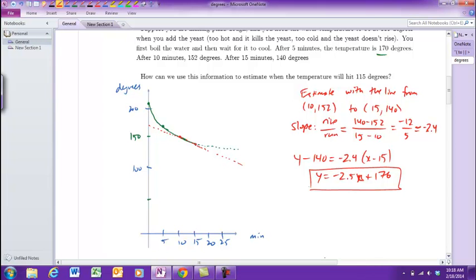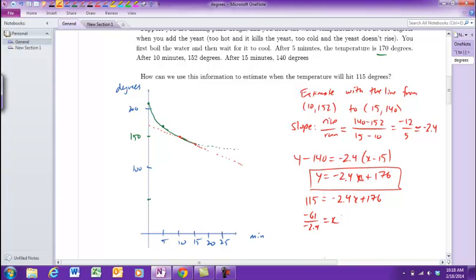And the idea is, if I want to know when the temperature will hit 115 degrees, I just set 115 equal to negative 2.4x plus 176. Subtract that over, this gives me negative 61 divided by negative 2.4 equals x.